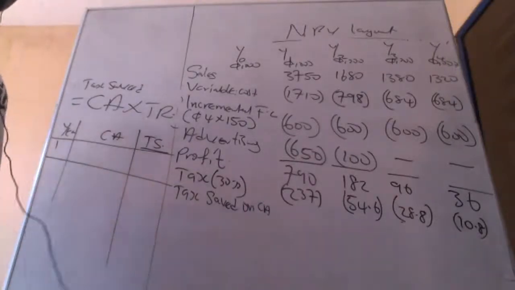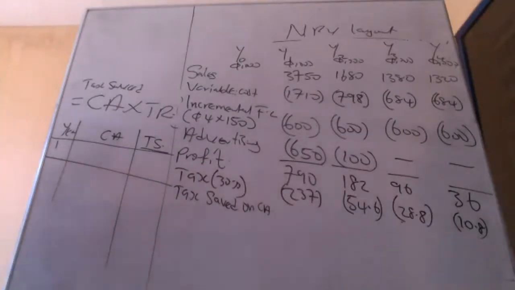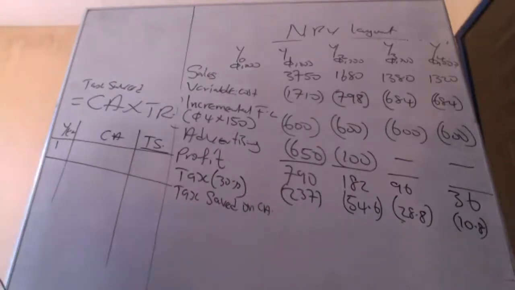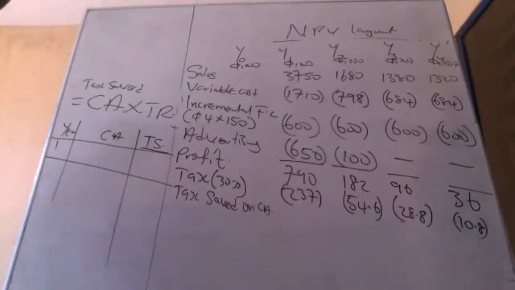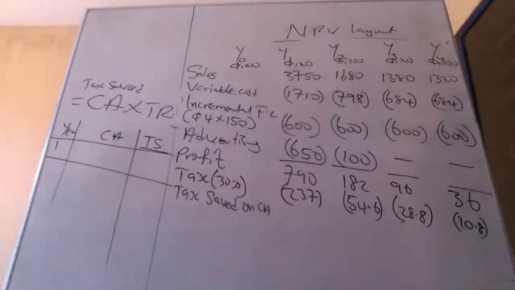If I should call 100 accountants or 100 companies, they will give me different depreciation values on the same asset. But with the tax authority, the same assets have the same rate. Classes of assets have specific rates, so this rate will be the same.